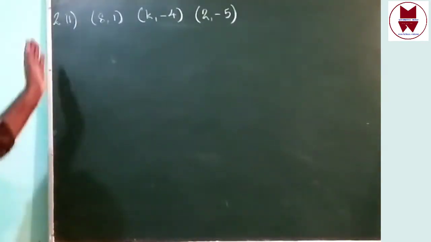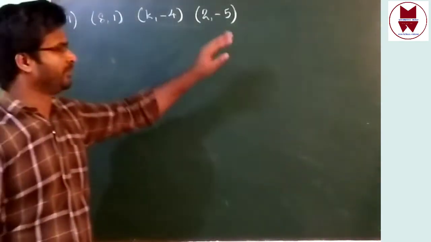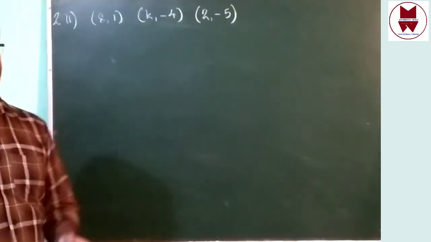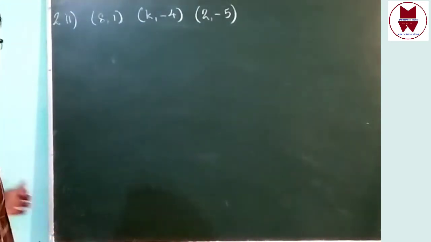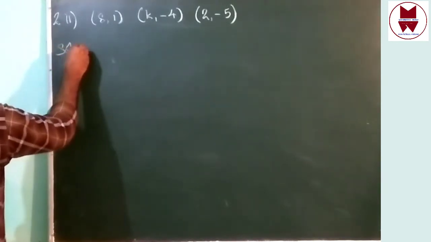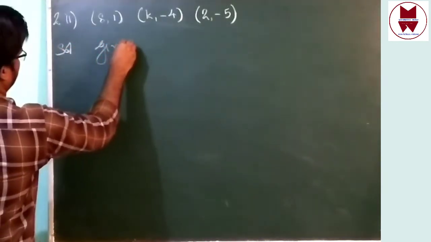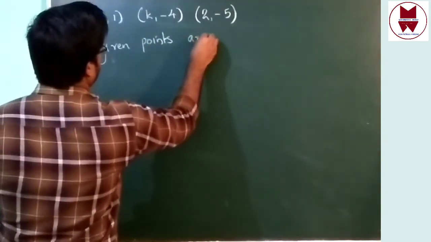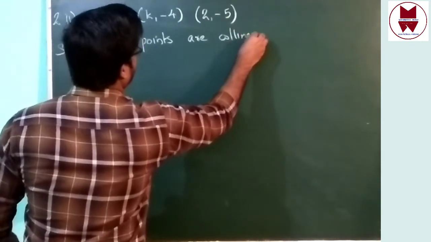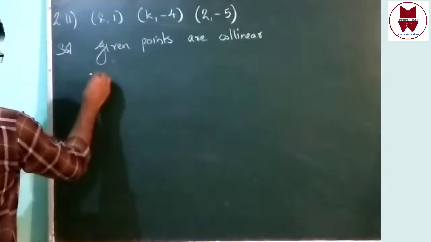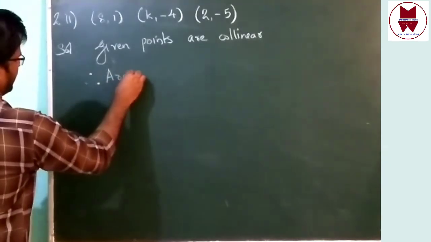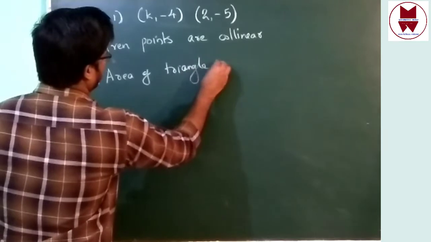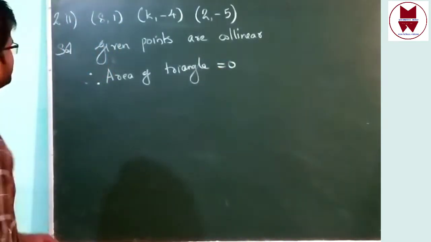Now we can see question number 2, Roman number 2. In here, some points given, that 3 points are collinear, isn't it? We have to find out value of k. That is our question. We can write given points are collinear. Therefore, area of triangle equal to 0, isn't it?